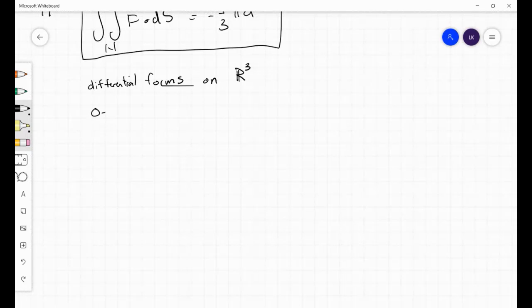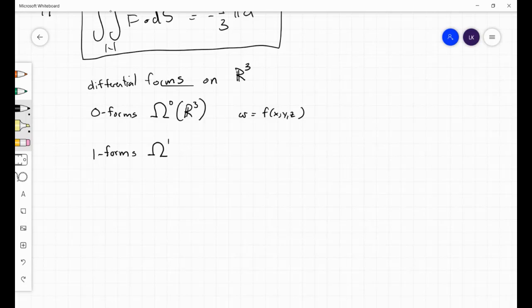Okay, so you have a zero form. And the set of all zero forms we would write as zero forms in R3. And so that's just a real valued function. Just a regular old function. A one form, the space of one forms, we can use this symbol on R3.